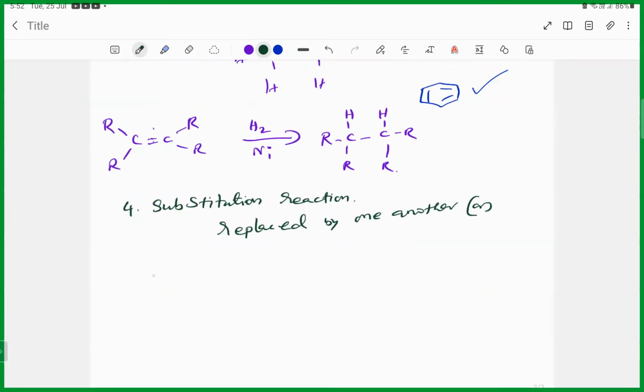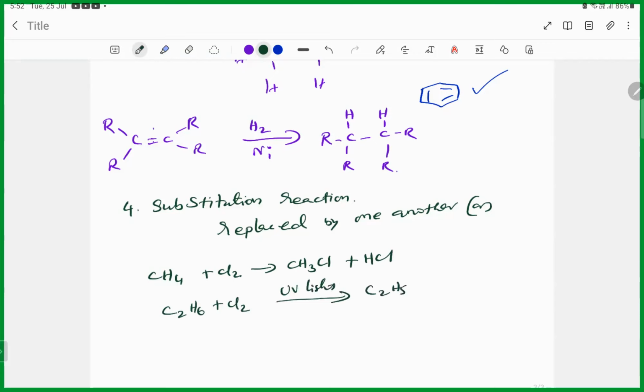For example, I am having methane, the carbon which is surrounded with 4 hydrogen. When I treat it with chlorine, it gives methyl chloride plus hydrogen chloride. Hydrogen is replaced by Cl. Same way, ethane plus Cl2 in presence of UV light gives ethyl chloride plus hydrogen chloride.